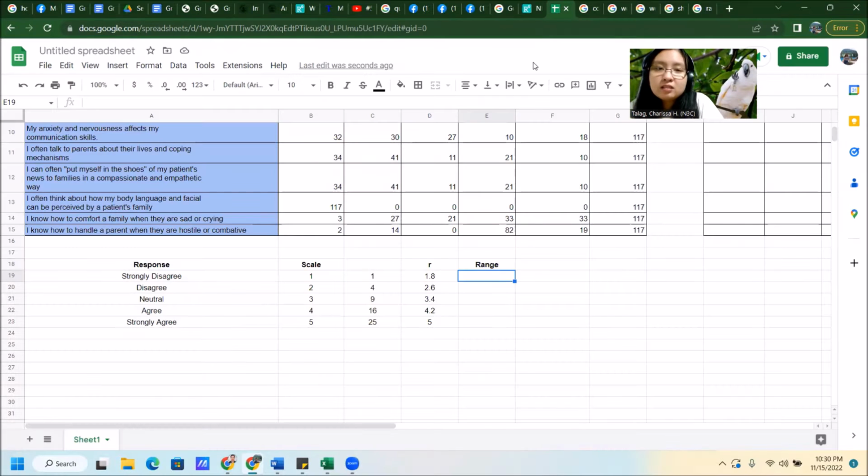So in our case, the maximum Likert point is 5, minus the minimum value or the lowest Likert point, which is 1.